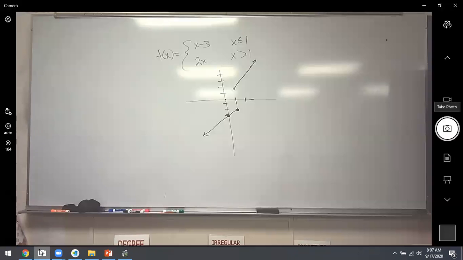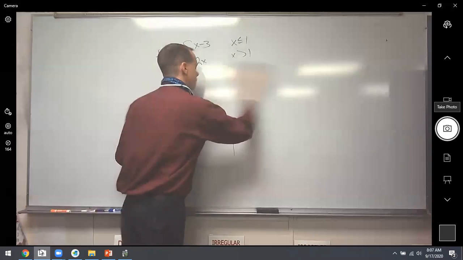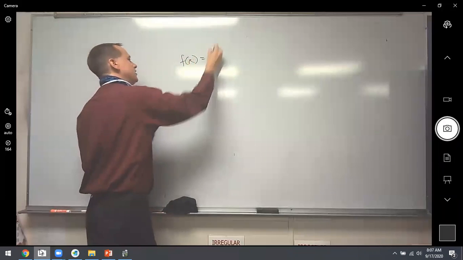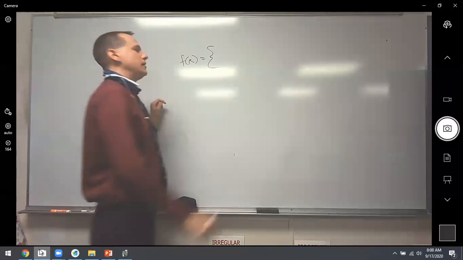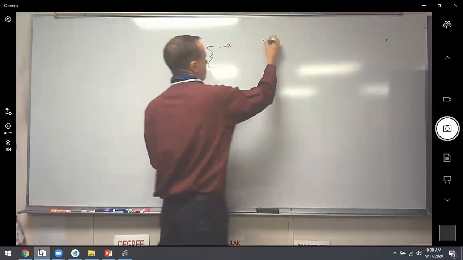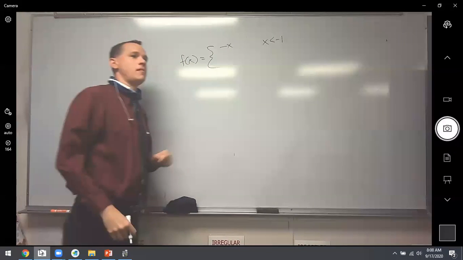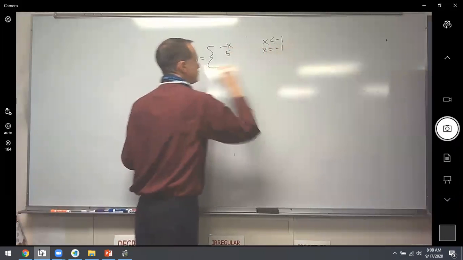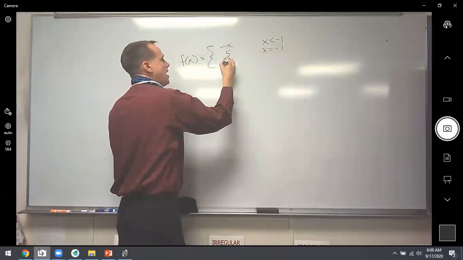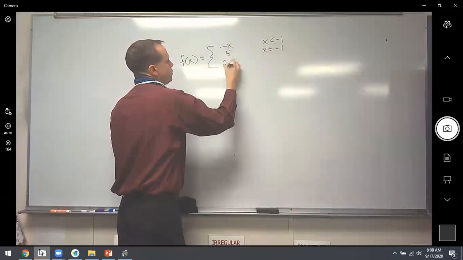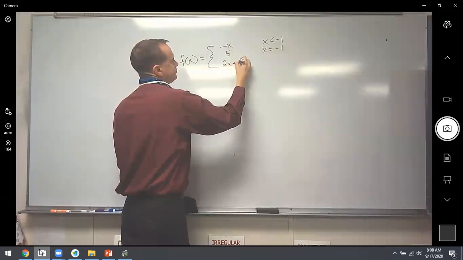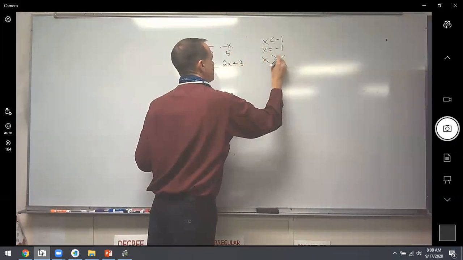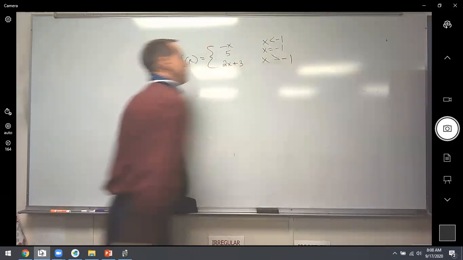So how about this? Second example. F of x equals -x when x is less than -1, 5 when x equals -1, and 2x plus 3 when x is greater than -1.